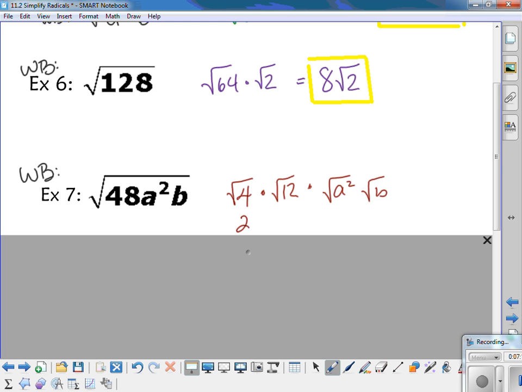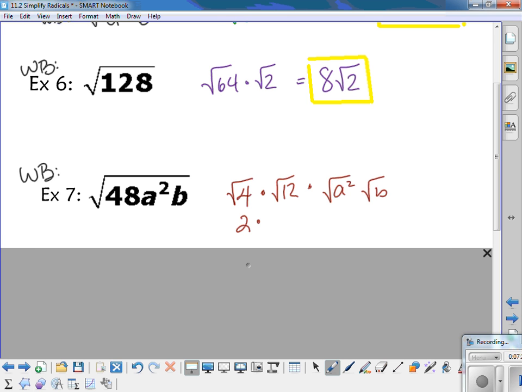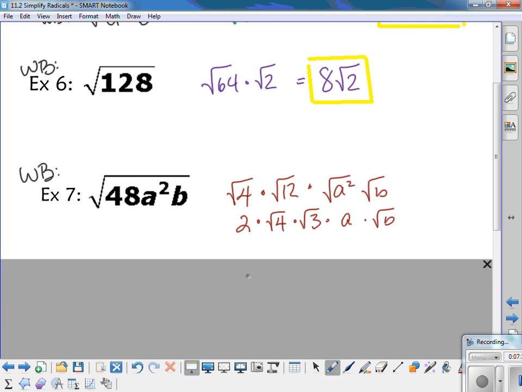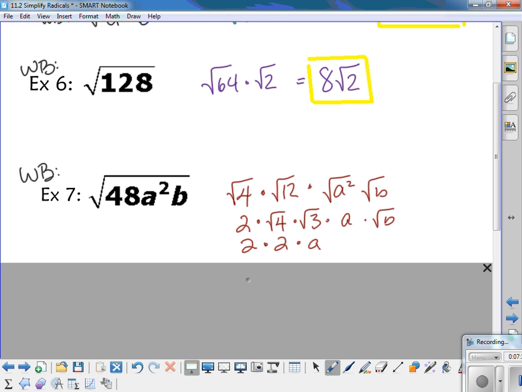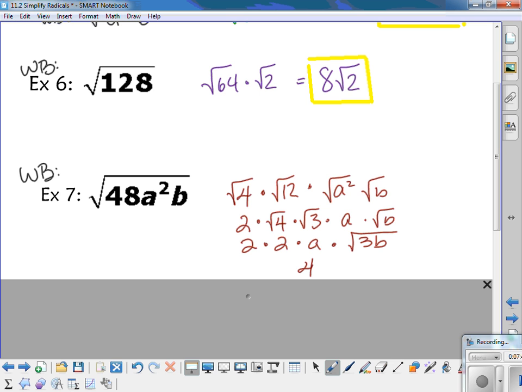So I have 2 times the square root of 12. Well, 12 has a perfect square in it. What goes into 12? 3 and 4. So I'll write 4 first, and then the 3. And then the square root of a squared was a, and then we still had our root b. So now I have 2 times 2 times a, and then we have 3b left under the radical. So it ends up being 4a root 3b.